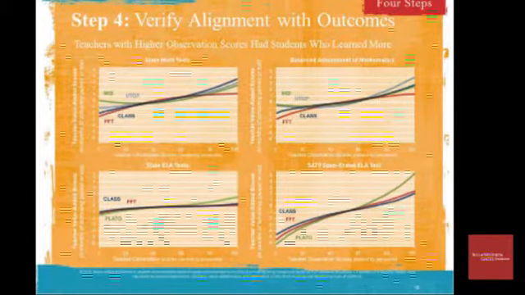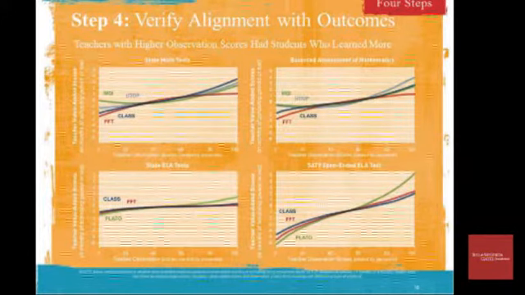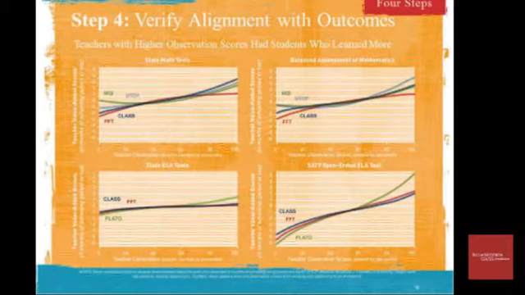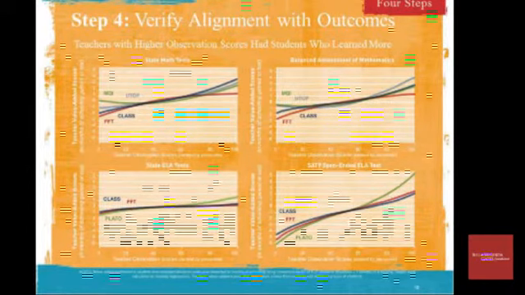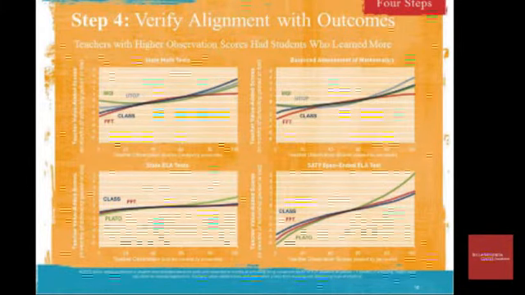So on the left-hand side are the state tests, in the top state math and the bottom state ELA. And on the right-hand side, on the top is the balanced assessment in math, and on the bottom is Stanford 9 open-ended. So the first thing to notice is the slopes are up. The second thing to notice is not a dramatic difference between them.